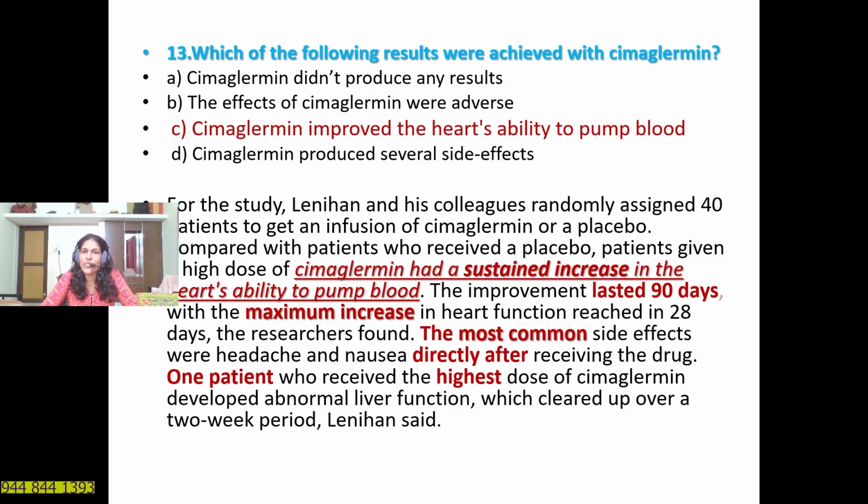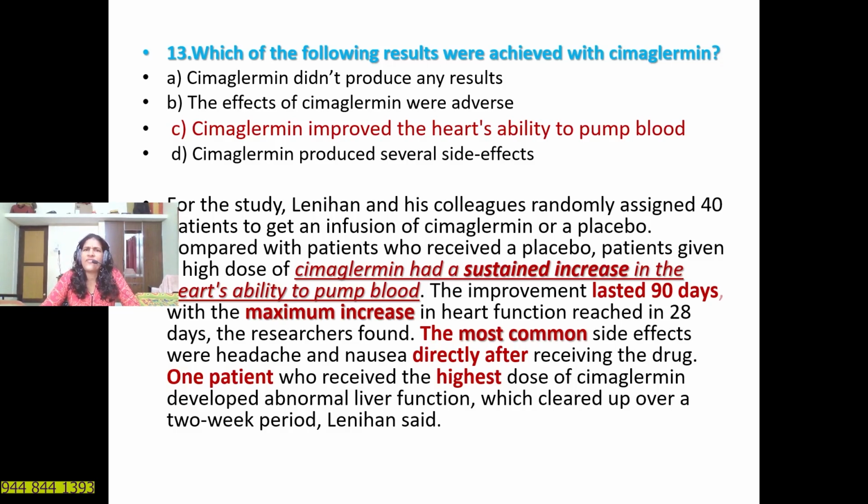Compared with patients who received a placebo, patients given a high dose of semaglutide had a sustained increase in the heart's ability to pump blood. The improvement lasted 90 days with the maximum increase in heart function reached in 28 days, the researchers found.